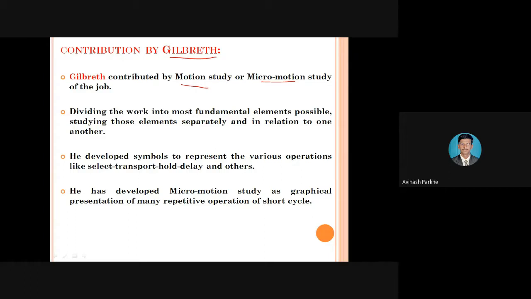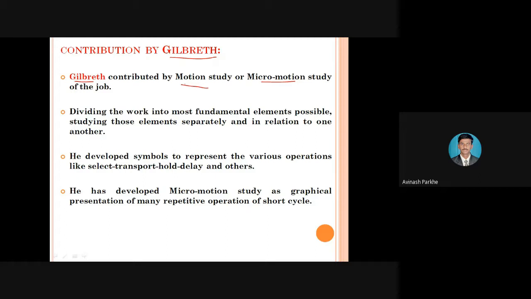Again he will start the job, and again move to workstation number 3. That means the movement of that worker also takes place from one station to another, and that movement and those motions we have to record, which means we have to apply the concept developed by Gilbreth. Such movements can be recorded by designing the layout.